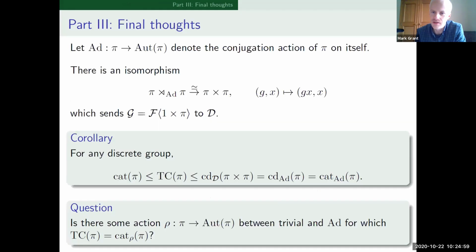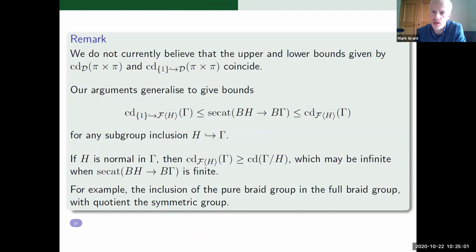I anticipated that someone might ask whether the upper and lower bounds that I talked about may coincide. This may be tangentially related to your question, but I know that for a long time we hoped that maybe the upper and lower bounds were the same.